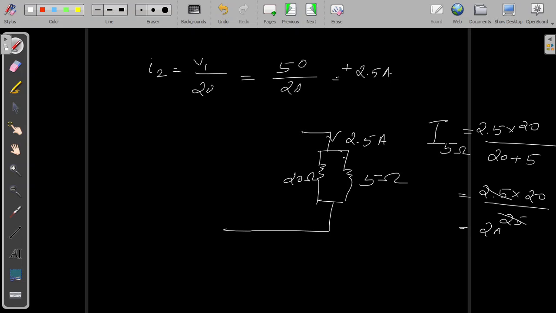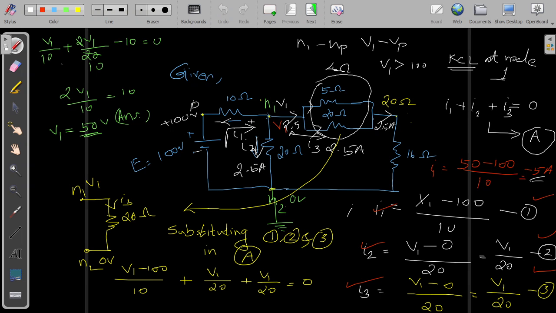So the 5 ohm resistor carries 2 ampere, and the 20 ohm carries 0.5 ampere. So this is the problem.